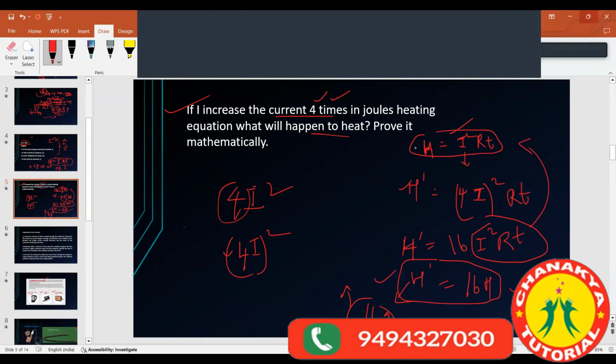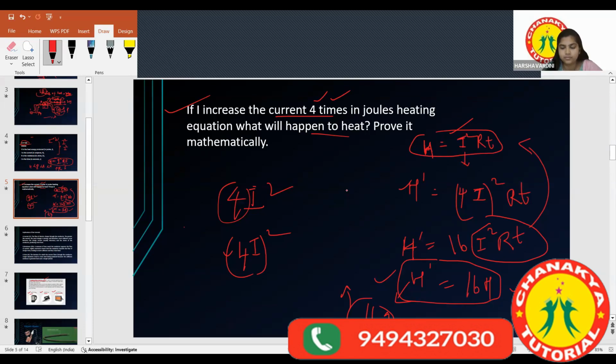Ma'am, Siddhant? Basically, yesterday we made a mistake: we didn't find the value of 4i whole square in H = I²RT. When we find the value of 4i whole square, we get 16i² RT.